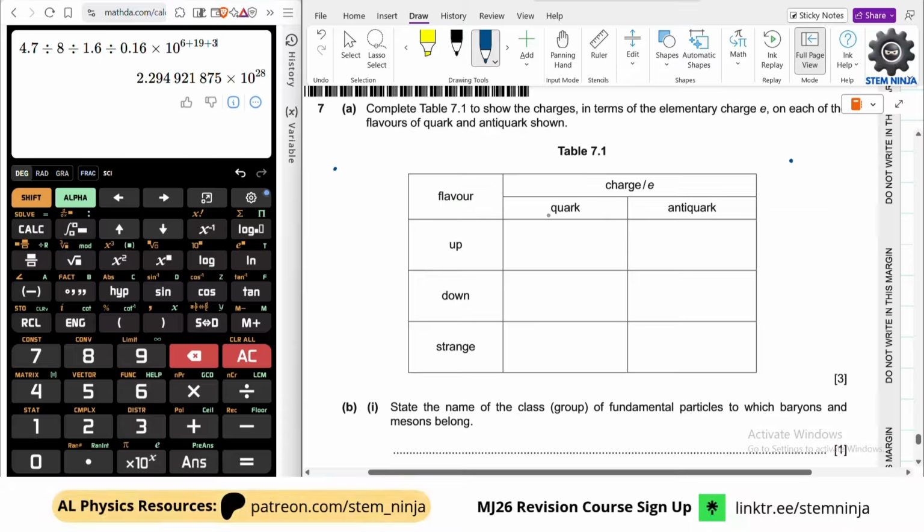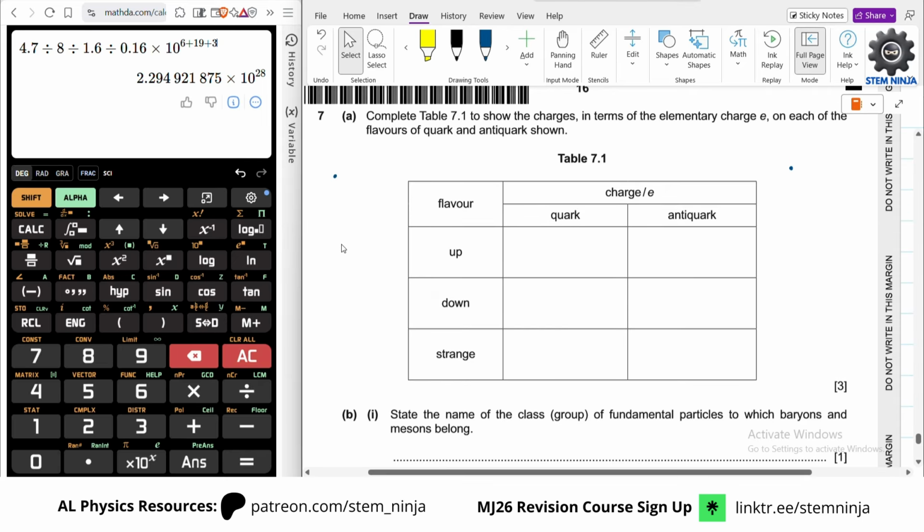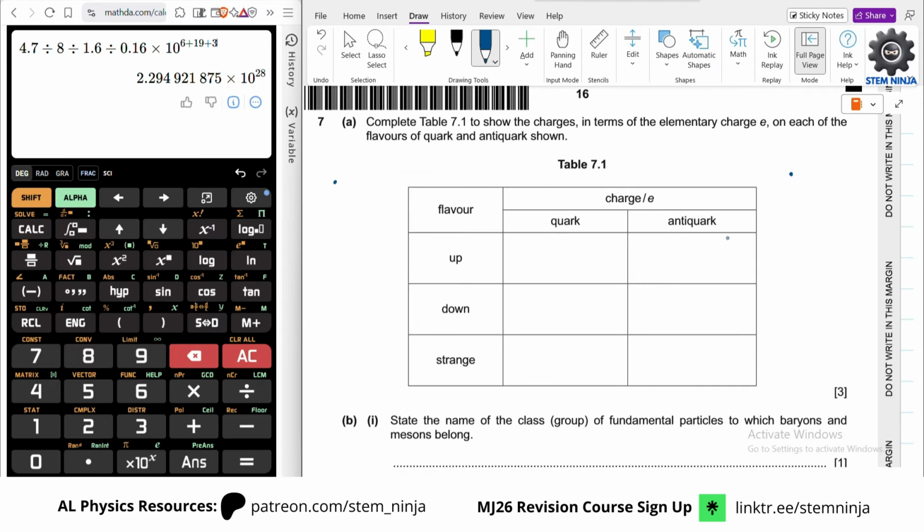So coming back to the paper, we have up, charge, it's a quark. None of these are anti-quark. Wait a second. Up, and okay, so we basically need the charges on the anti-quark first. So up quark has plus 2/3 e, and anti-quark will have minus 2/3 e.